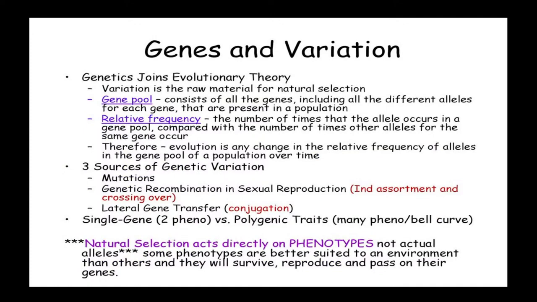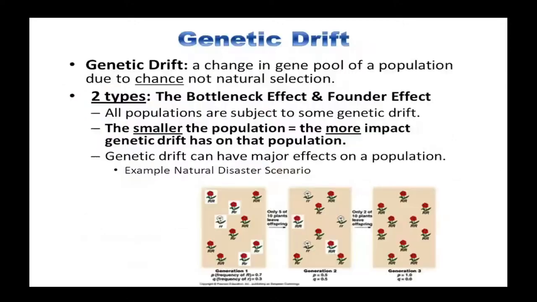There are three main sources of genetic variation in a population. These are mutation, genetic recombination in sexual reproduction, and different genetic processes such as genetic drift and migrations.